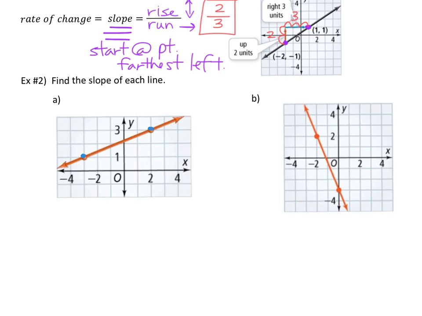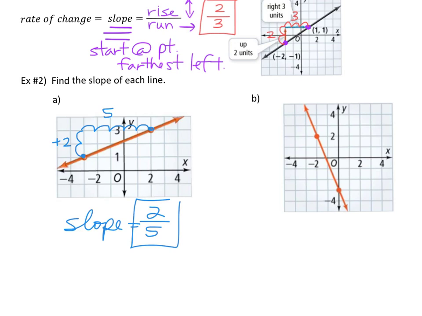So from that point, do you go up or down? We're going to go up. So 1, 2, that's a positive 2. And then you're going to run 1, 2, 3, 4, 5. If it's rise over run, what is your slope? 2 over 5. Rise over run.